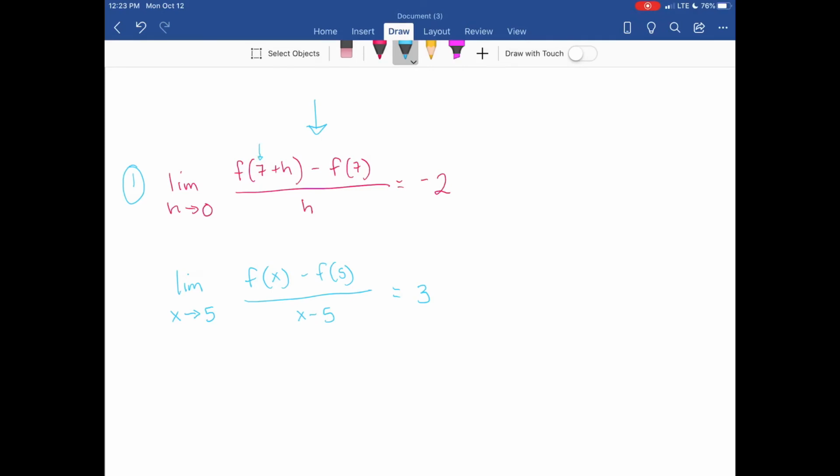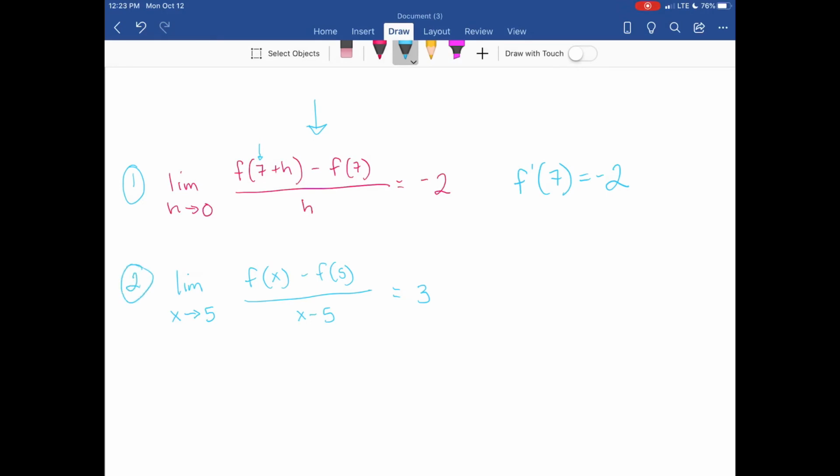Because this statement on the left is true and equals -2, that, folks, is telling me that the derivative of this function at 7 is -2. The slope of a tangent line when x is 7 of this function f of x is -2.